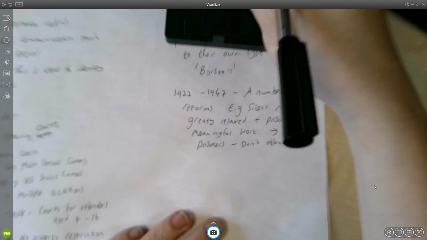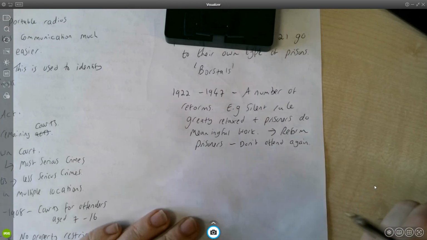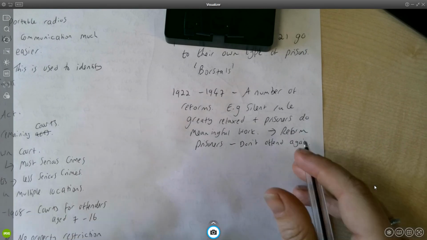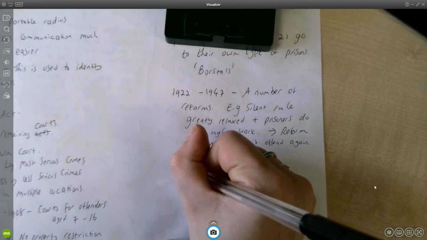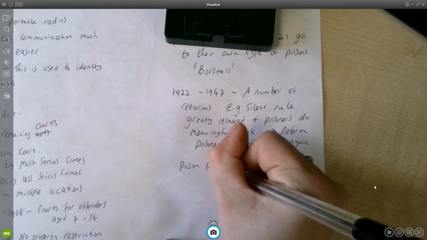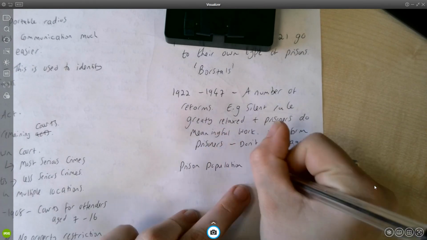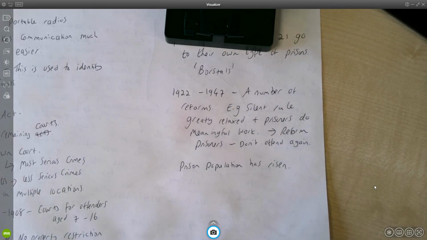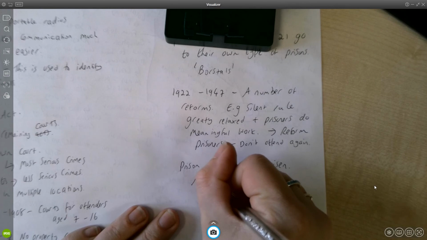There have, however, been problems in prisons throughout the 20th century. Because prison becomes the main form of punishment, the prison population has risen. So that means more prisons have been built.